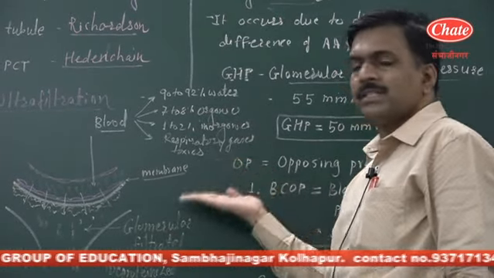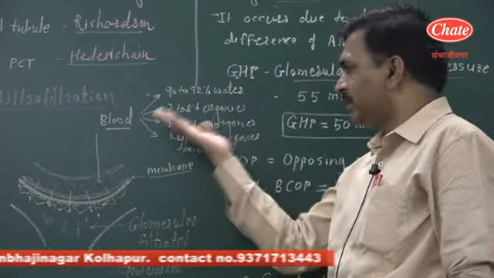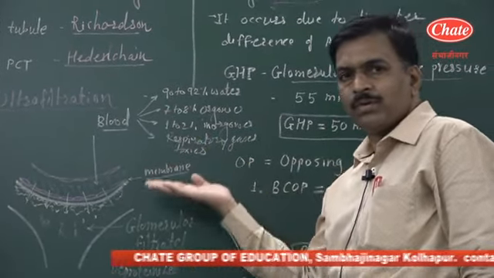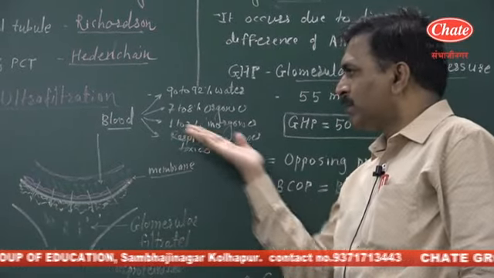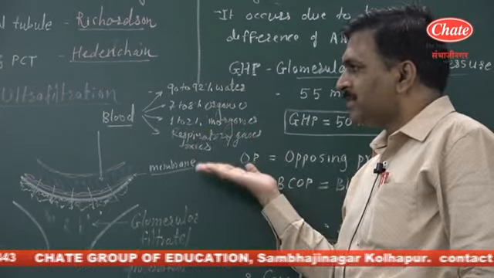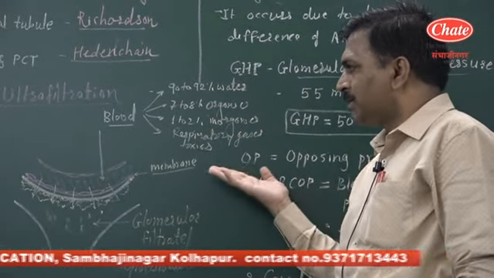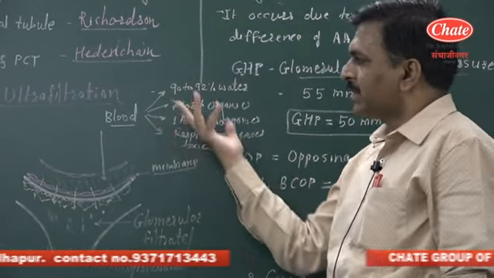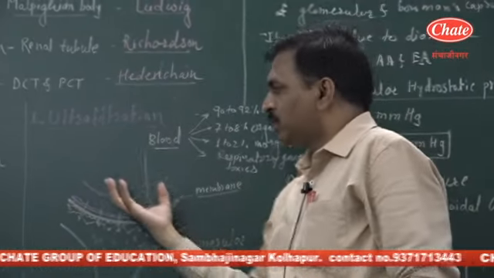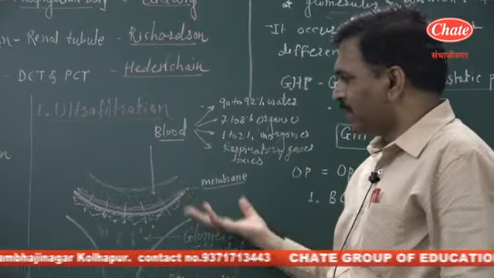In inorganic substances, monovalent and bivalent ions are present, meaning Na+, K+, Cl-, bicarbonate ion HCO3-, sodium chloride. Dissolved respiratory gases mean oxygen and carbon dioxide, and some toxic substances like penicillin are also present in blood, because in the process of urine formation we want to purify the blood.